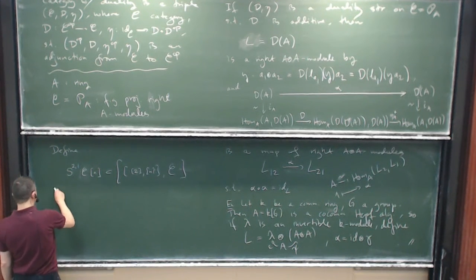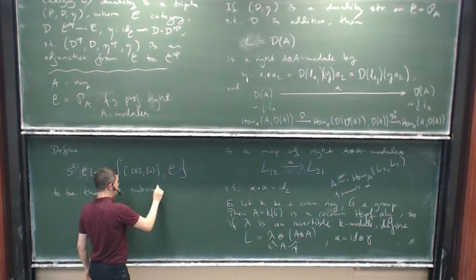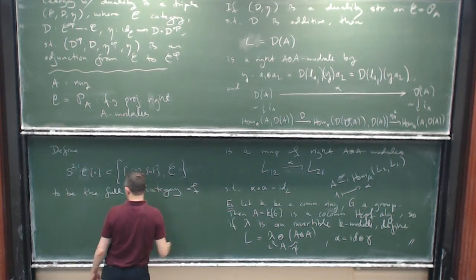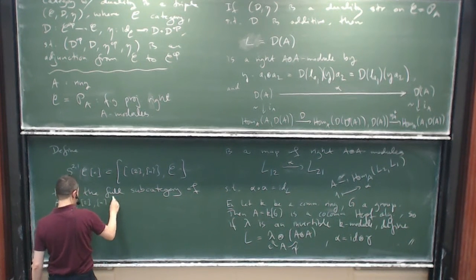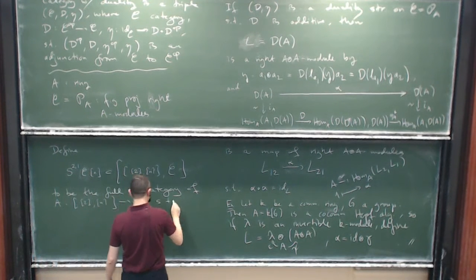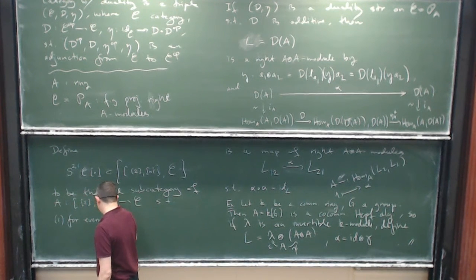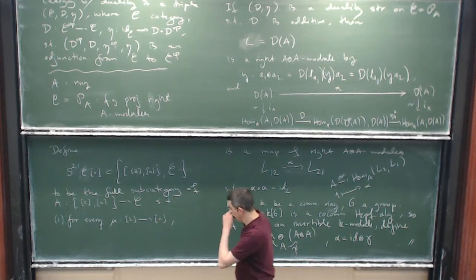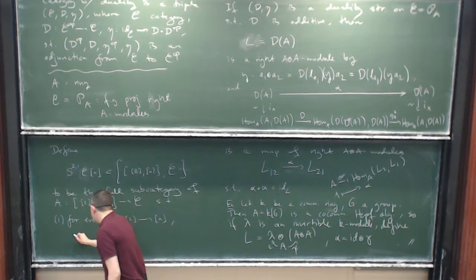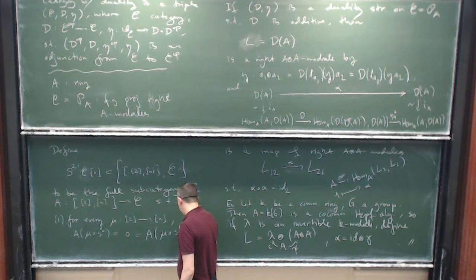So define this to be the full subcategory of functors here, such that for every mu from 2 to n, A of mu composed is the chosen zero object, and so is A of mu composed is 1.